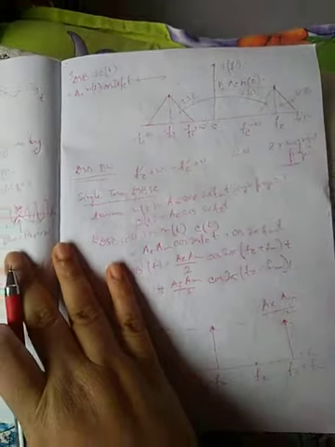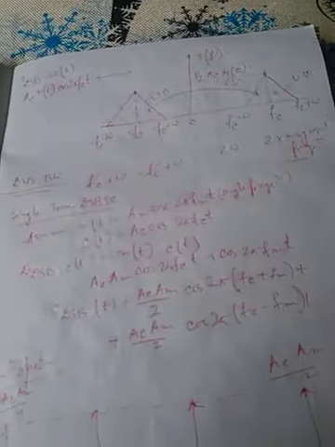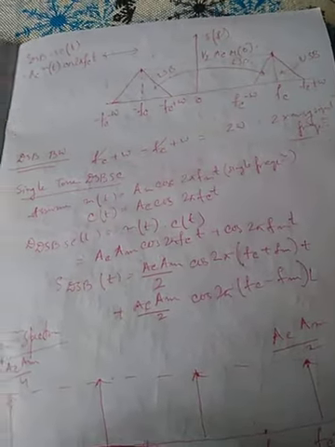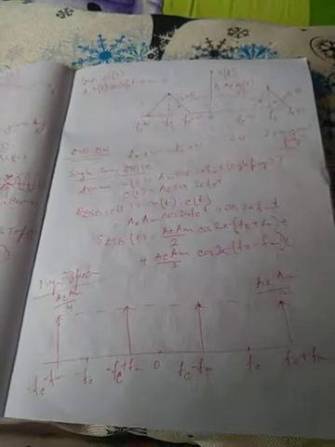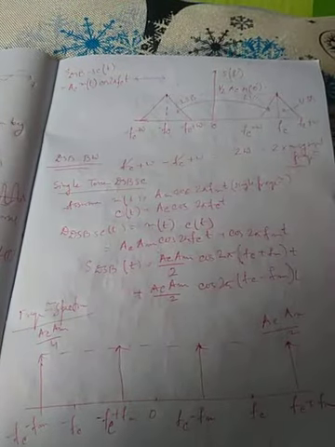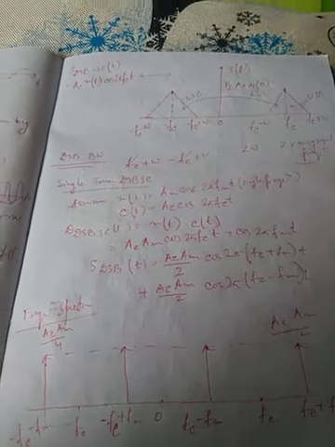There is no change in the bandwidth. In double sideband full carrier, the required bandwidth was 2 omega, and in double sideband suppressed carrier also the required bandwidth is 2 omega. So in terms of bandwidth, we cannot get any benefit.